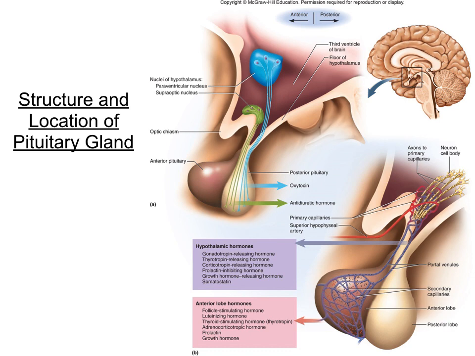Now, the hypothalamus is directly connected to the pituitary gland through a small stalk-like structure called the infundibulum. Now, the infundibulum, as you recall from A&P 1 when you did your brain anatomy, is positioned between the optic chiasm, which is just anterior to the infundibulum, and the mammillary bodies, which are just posterior to the infundibulum.